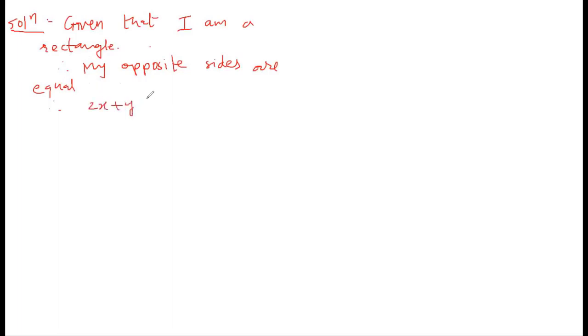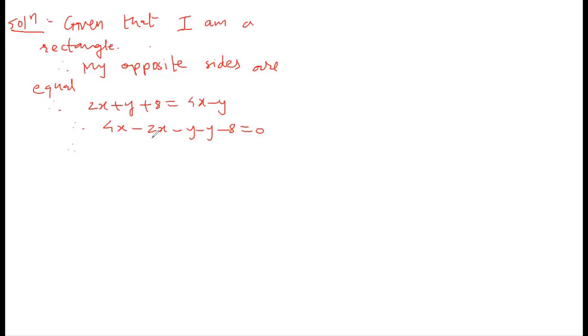2x plus y plus 8 equals 4x minus y. We solve them. 4x minus 2x minus y minus 8 equals 0.